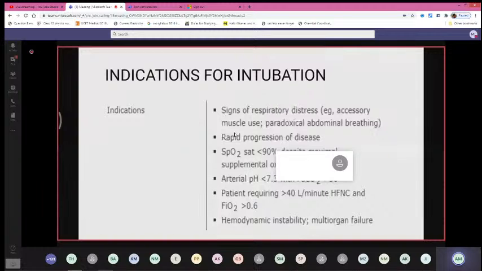As you can see in the slide, a patient in acute respiratory distress with accessory muscles of breathing in use, rapid progression of disease, saturation less than 90 despite maximal support, pH dropping, PCO2 rising, and high flow requirement on HFNC, and obviously any hemodynamic instability and multi-organ failure, requires mechanical ventilator.